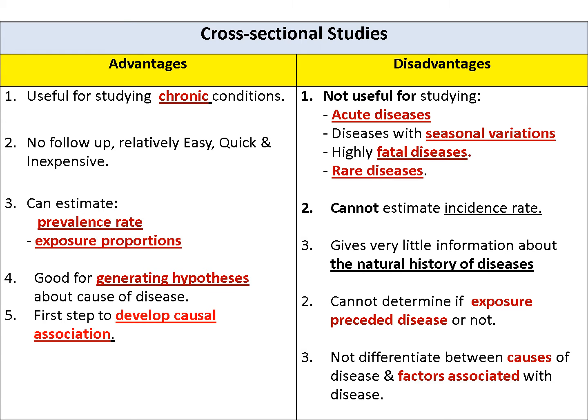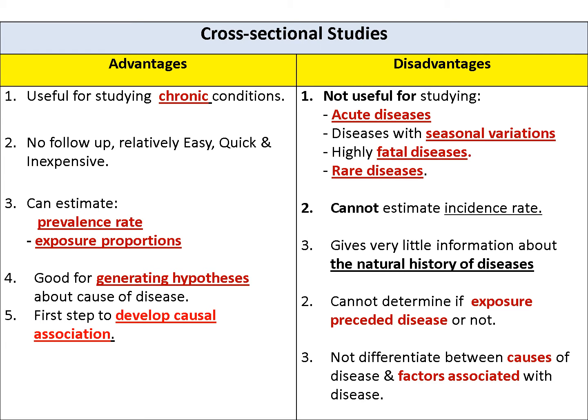The advantage also is that there is no follow-up. It is relatively easy, quick, and cheap, inexpensive. We can estimate prevalence rate, as we said before, and also the exposure proportion.